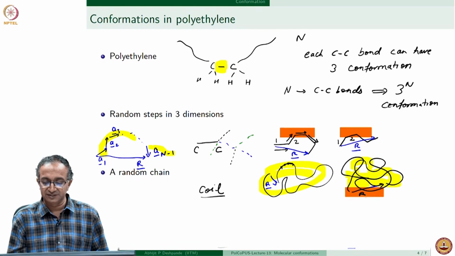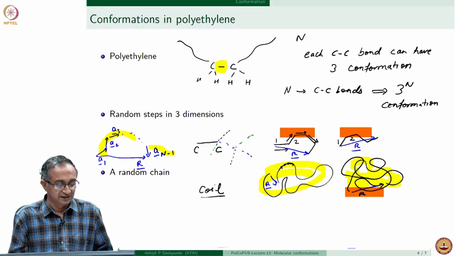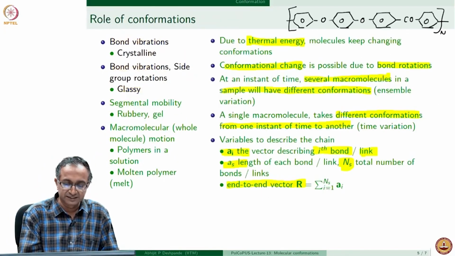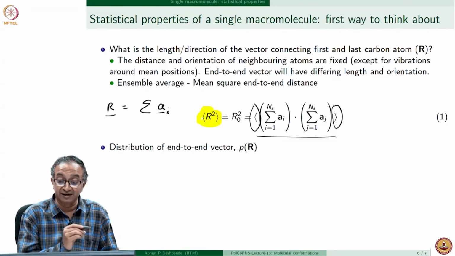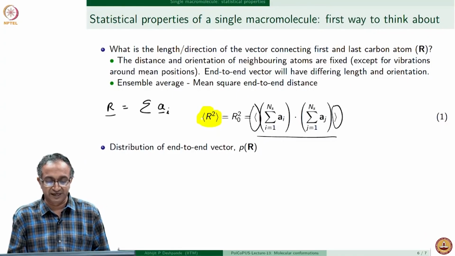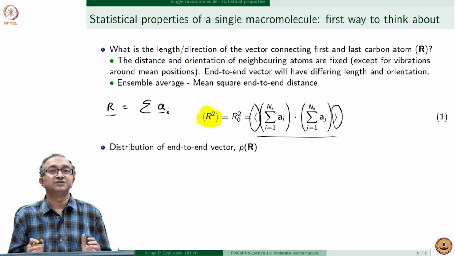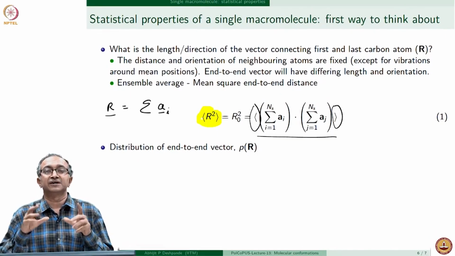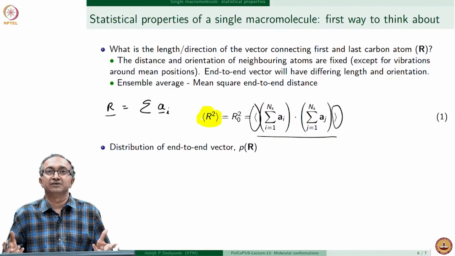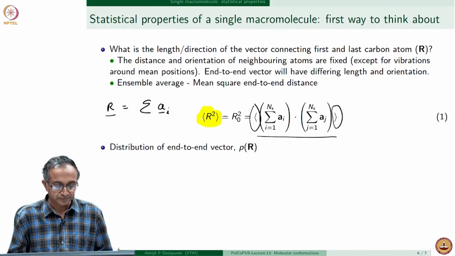So if I start doing dot products of A1 with A1, A1 with A2, and A2 with A2, eventually algebraically you can show, because of the randomness associated with this random chain, that this can simplify as long as the chain can have different conformations at a random scale.